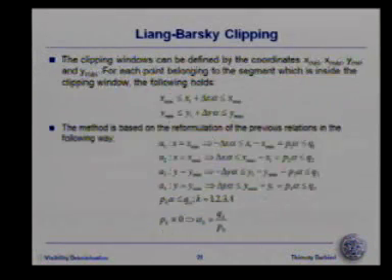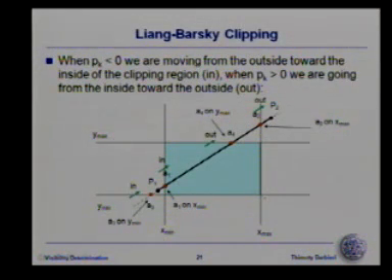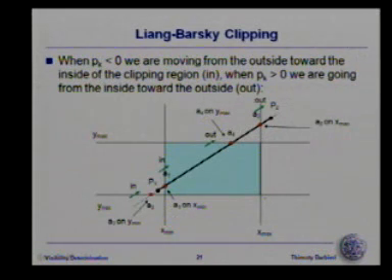Now, these are the AKs positioned in this case. Then, you remember that we can calculate the PKs and the QKs. Liang and Barsky tell us, if you calculate the PK, and it turns out that PK is less than 0, it means that this AK is moving from the outside toward the inside of the clipping region.